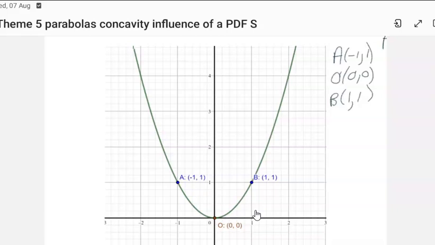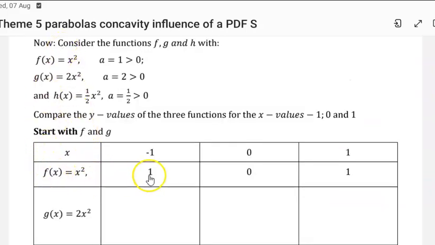So let us see what happens if we change the value of a. In this table, I've repeated the first function, f of x equal to x squared. If I now have g of x equal to 2 times x squared, then if I compute that value, I get minus 1 squared, and that will give me plus 2. And this will again be 2 times 0 squared, that's equal to 0, and 2 times 1 squared, that is equal to 2.